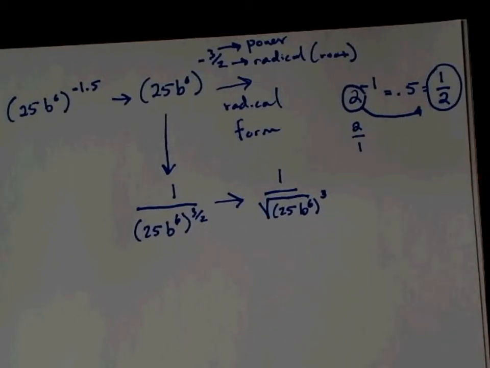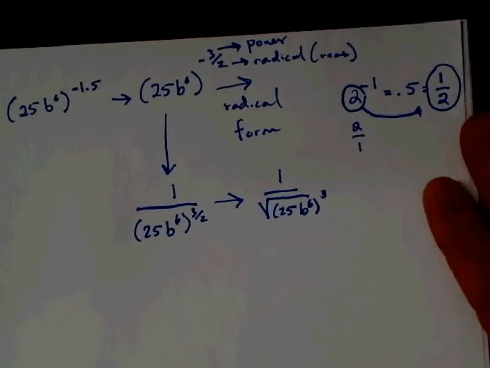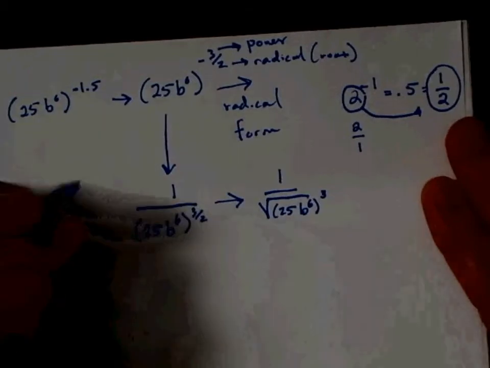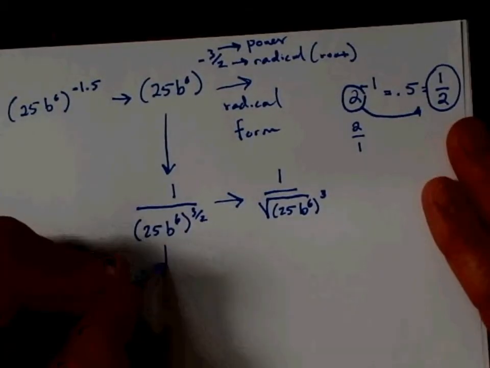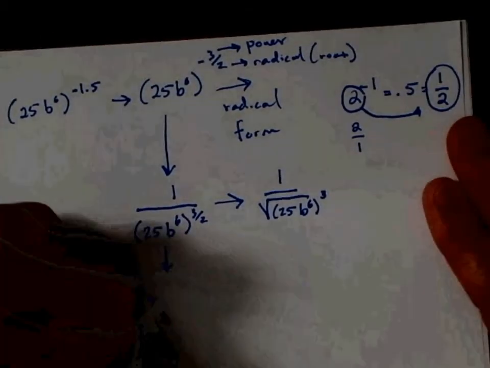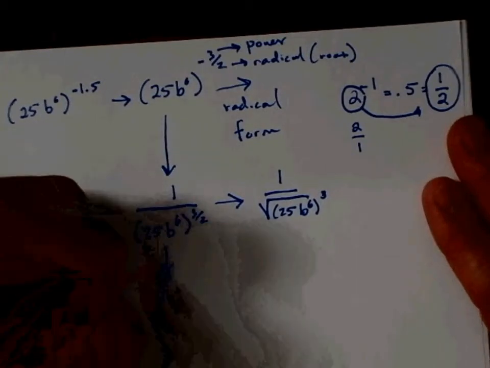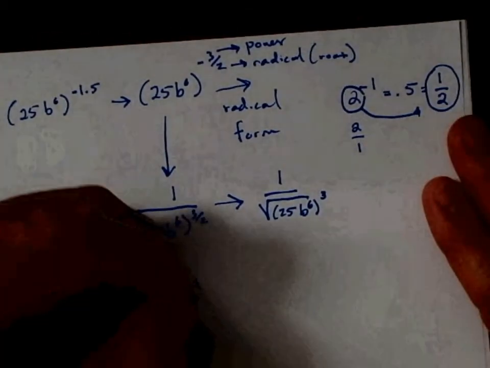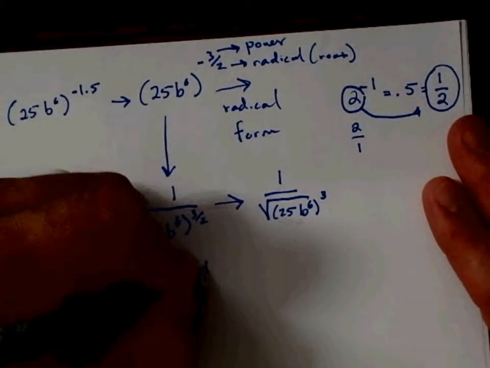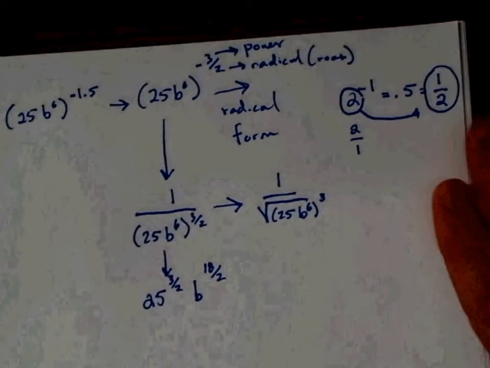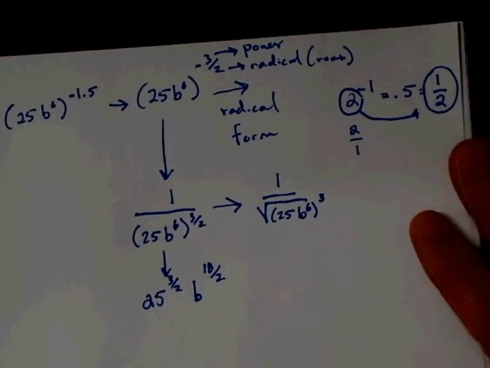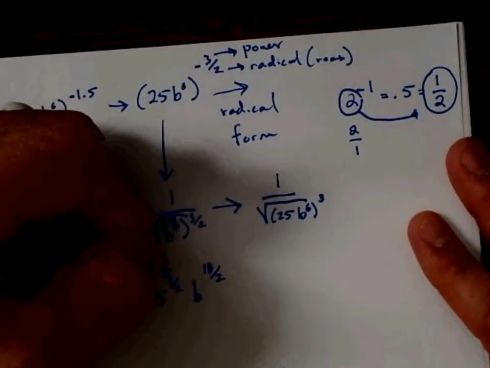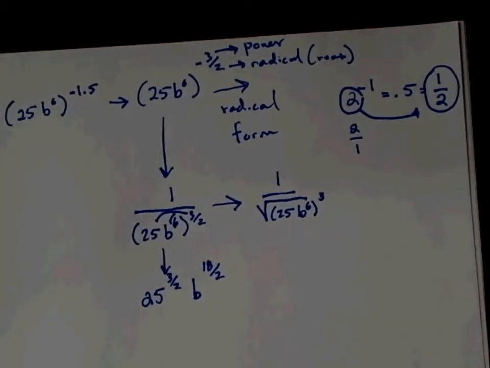Now what we're going to do is we're going to write the simplest radical form. Okay? And so, if I have it written like this with fractional exponents, then that tells me that this is 25 to the 3/2 power and b to the 18 over 2 power, right? I distributed the 3/2 to both things, right?